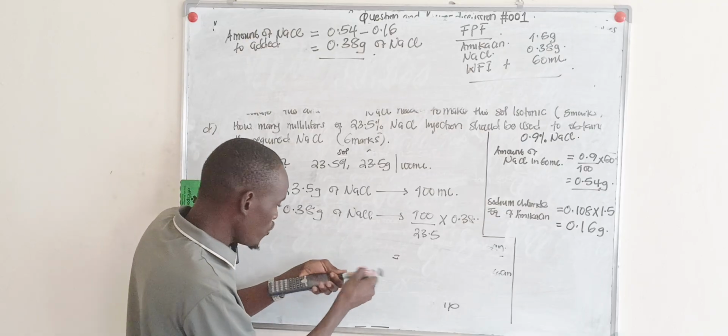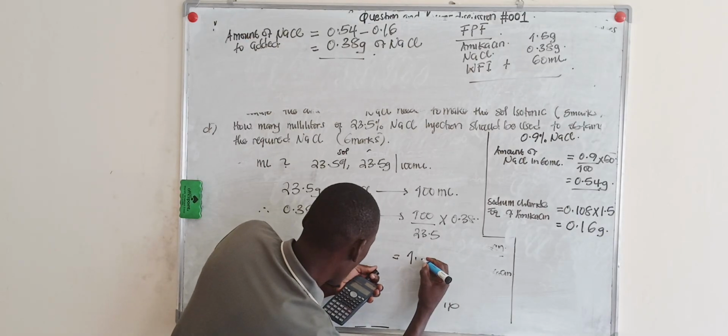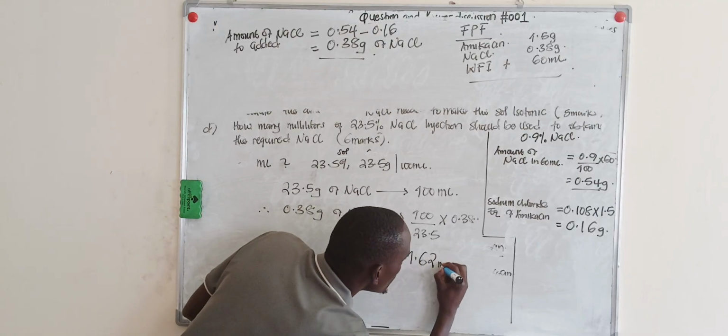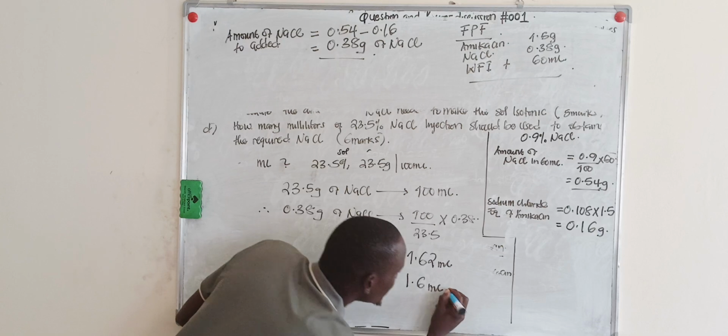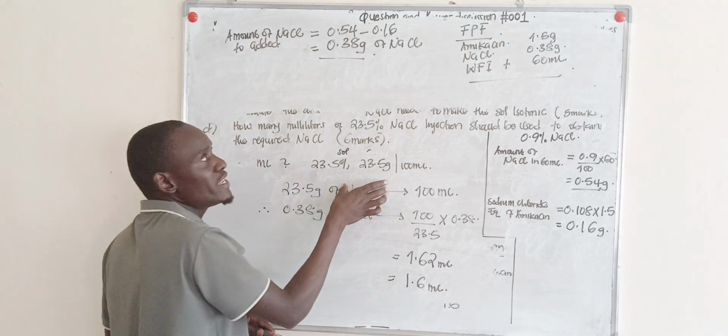When we compute this, we shall have roughly 1.62 mils, which is approximately 1.6 mils. So that means we need 1.6 mils of this solution.